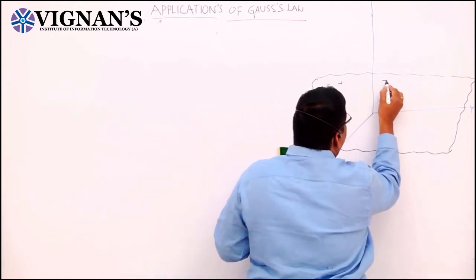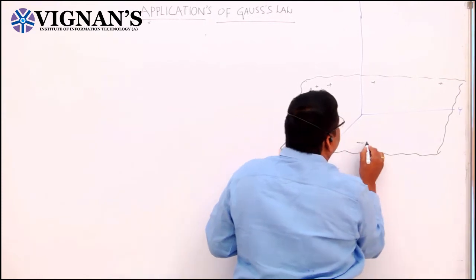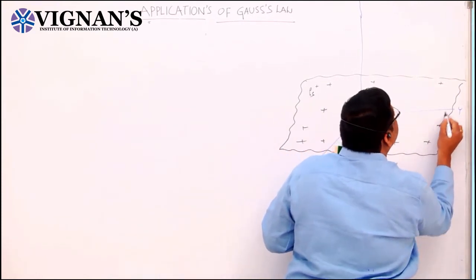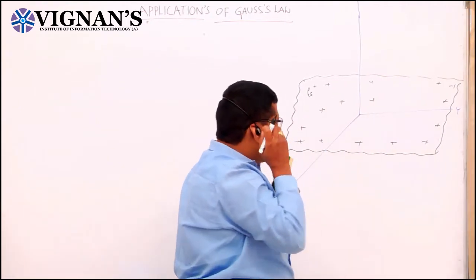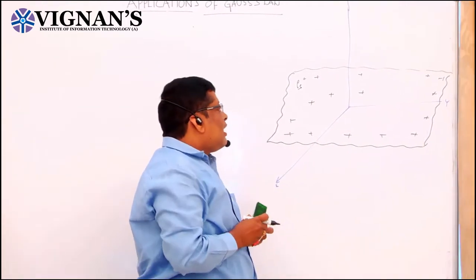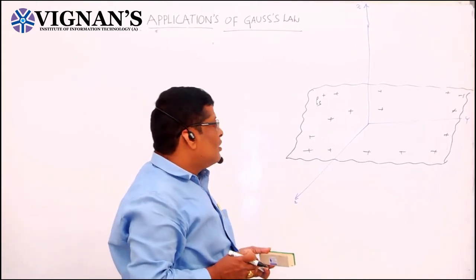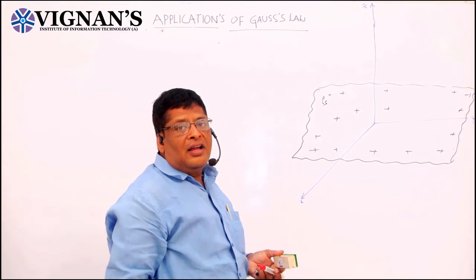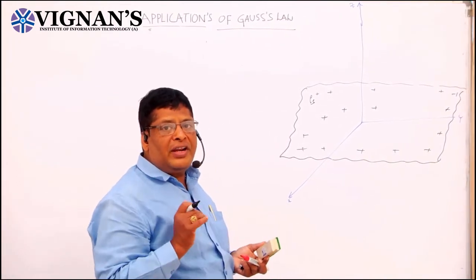This is the distribution of the charge. Here, infinite means the area of the sheet is very high.